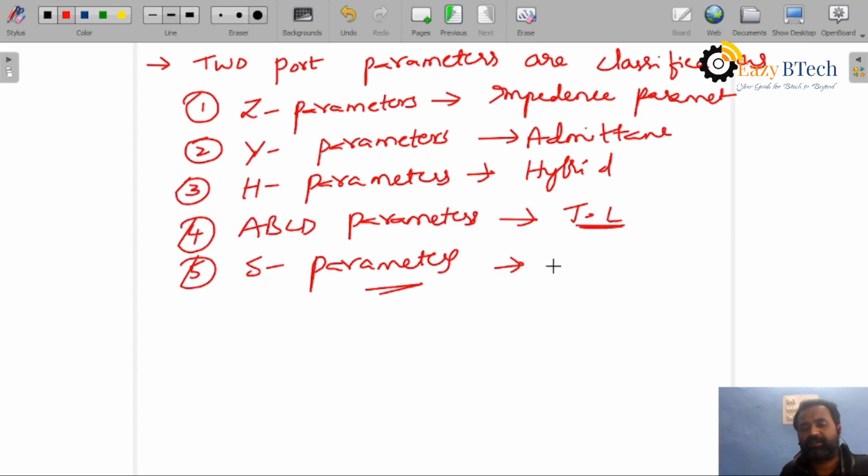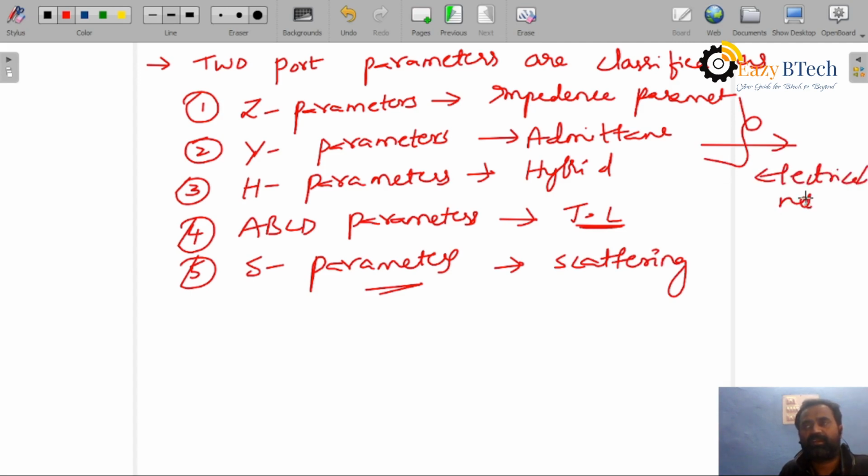S parameters, scattering parameters. Okay, these are useful for the electrical circuits, electrical networks. Hybrid parameters are useful for the BJT analysis. For transistor analysis purpose we may use hybrid parameters.